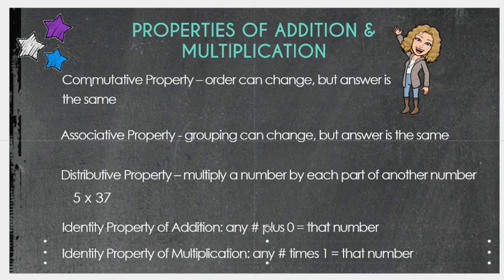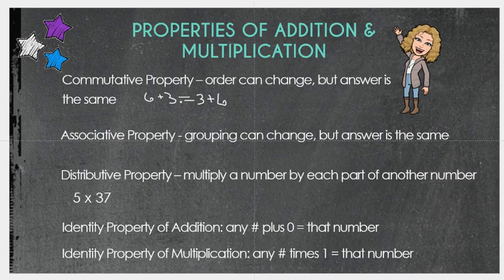For example, the commutative property. This property tells us that the order of the numbers when you're adding or multiplying can change, but the answer will be the same. So if you were to add 6 plus 3, the commutative property says that if we switch the order of those numbers and we do 3 plus 6, we're going to get the same answer.